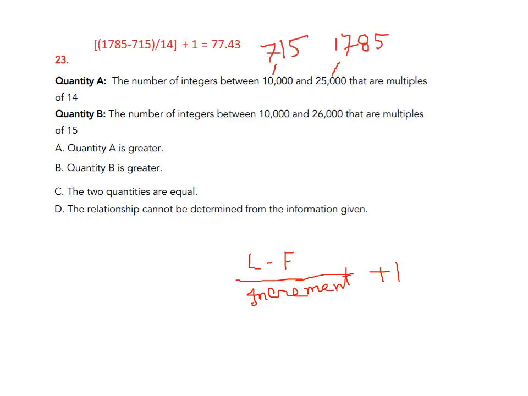We'll get the result in this way. So we get 77.43. Similarly, let's do the same calculation in the same process for quantity B. We'll get the answer, that is 72.07. So which one is higher? Quantity A is greater than quantity B. So the answer will be option A.